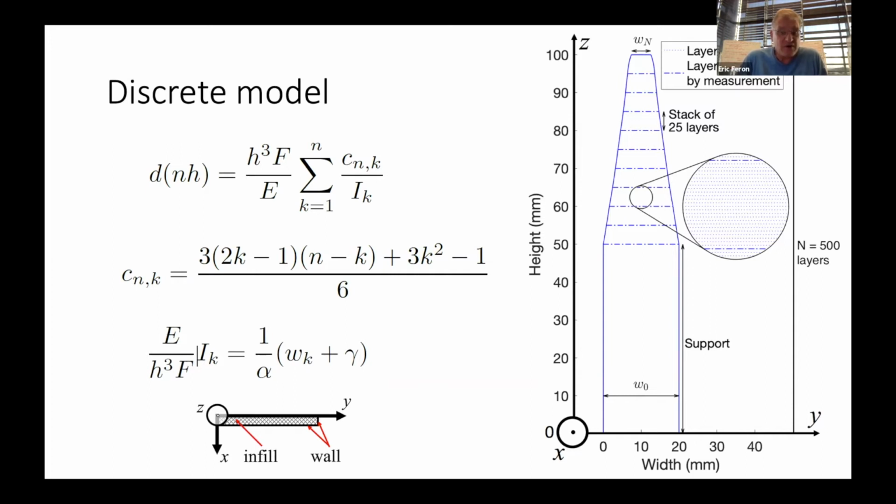And that is because the width W of the beam, which is along the y-axis, is variable, while its thickness is not. And the width of the walls remains constant.